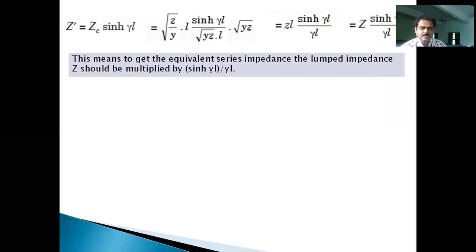So this means, to get the equivalent series impedance, the lumped impedance capital Z should be multiplied by sine h gamma l by gamma l. Okay, is it clear?